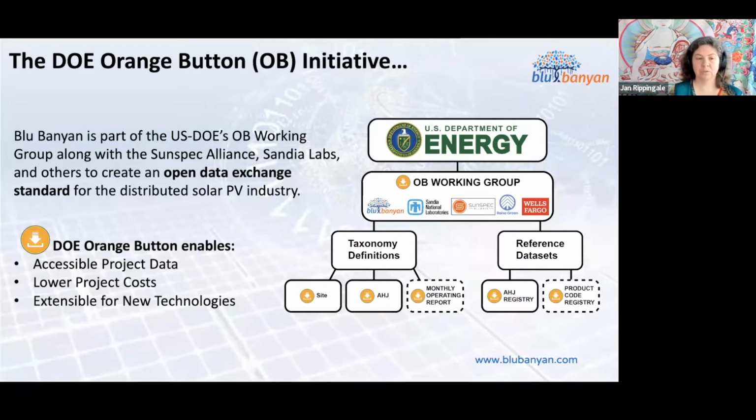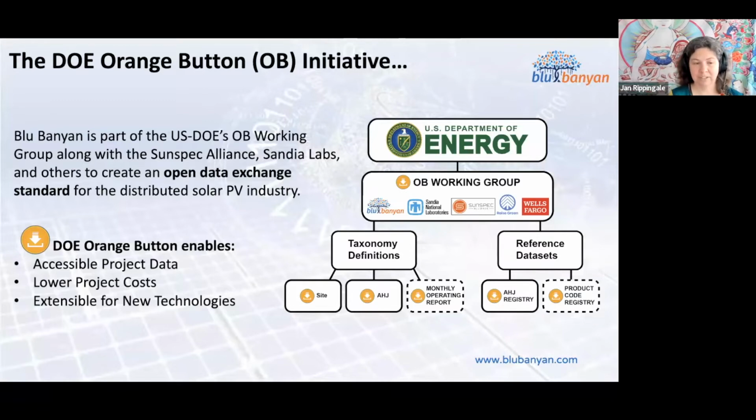We found out about the Department of Energy's Orange Button Initiative relatively early in our process and decided that this was the key to setting up the energy information infrastructure. By setting up that infrastructure, we give ourselves the ability to harmonize our data and get to the single source of truth.